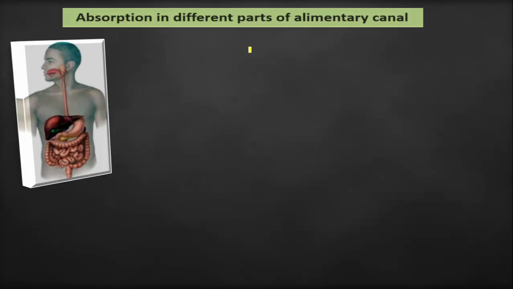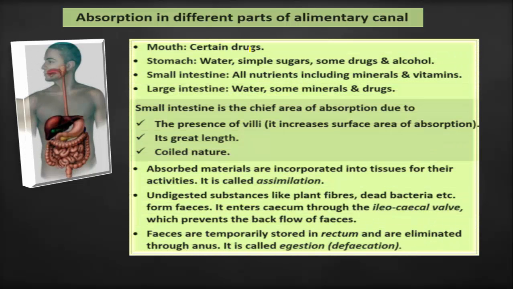So all these are the parts. Then the question is whether all these parts are involved in absorption or absorption is restricted to only some parts of the alimentary canal. So let us move to absorption in different parts of the alimentary canal.